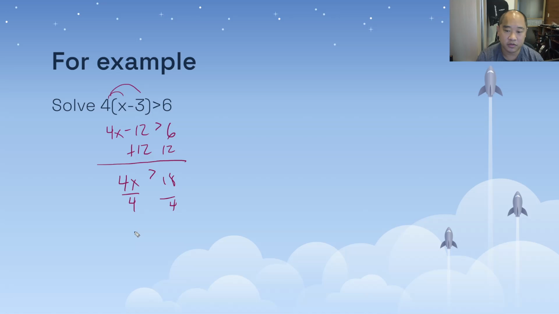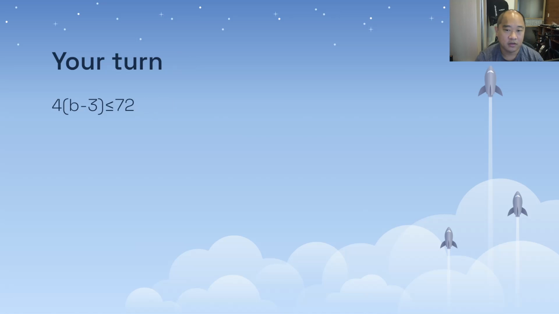Divide by 4 on both sides and get x is, what is that, 4 and a half? Did I do that right? It's usually not fractions, but it's okay if there is. Okay, your turn.